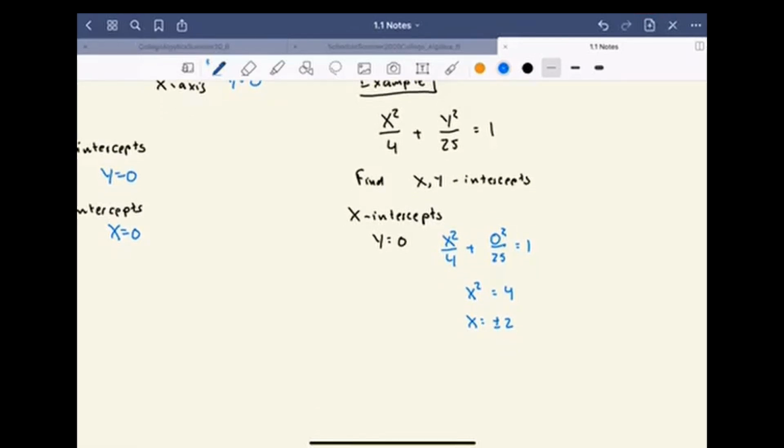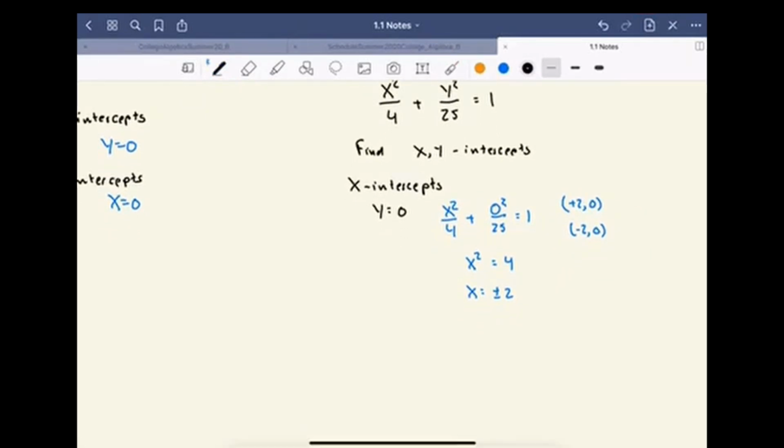So the x-intercepts are actually points positive 2, 0, negative 2, 0. Now, sometimes they don't ask you for the 0 in MyLab Plus, but I want to actually make sure I'm saying the points correctly. Okay. The y-intercepts. The y-intercepts are given by x equals 0.